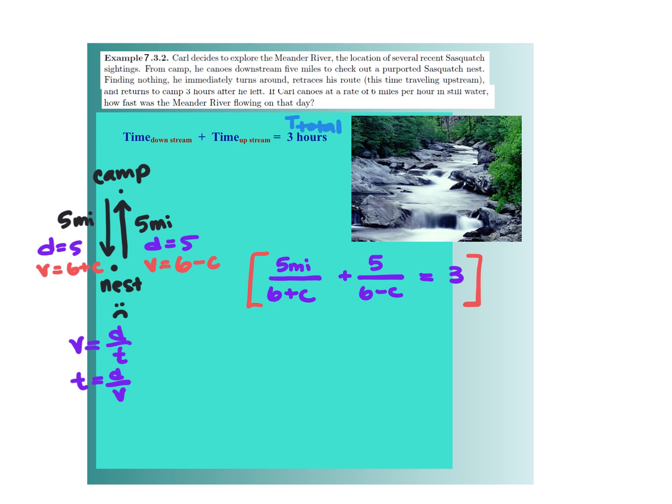Okay, I'm going to solve this using the clearing fractions method. So I'm going to take that entire equation and multiply everything by the same value so that I keep it balanced.